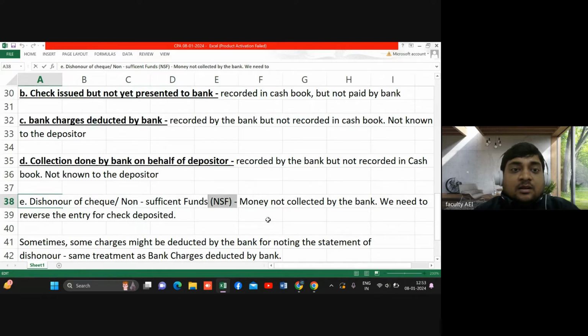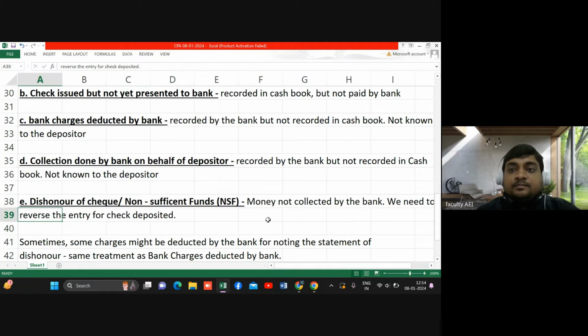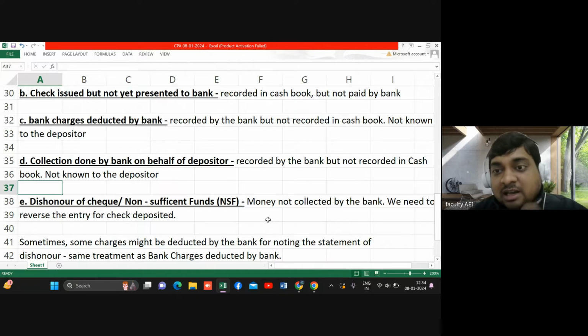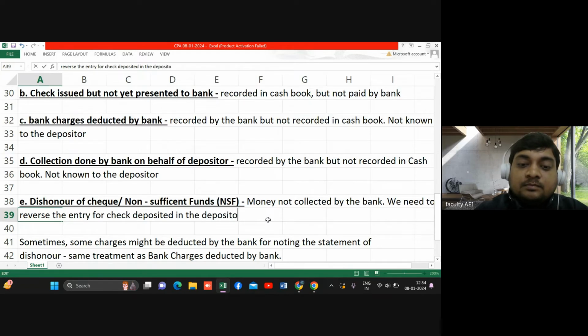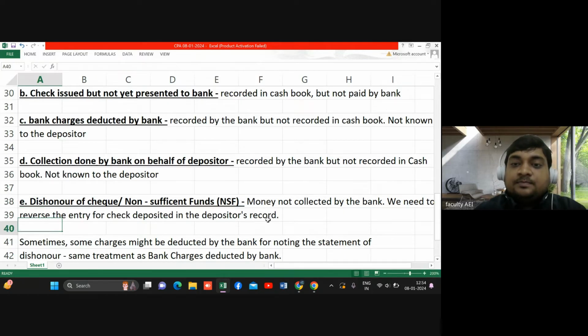Then there is a dishonor, right? This is dishonor of check. I deposited, my banker sent it to your banker, who is saying the person who has issued it does not have sufficient balance. So it is returned. So money is not collected by the bank. So we need to reverse the entry for check deposited in the depositor's record.